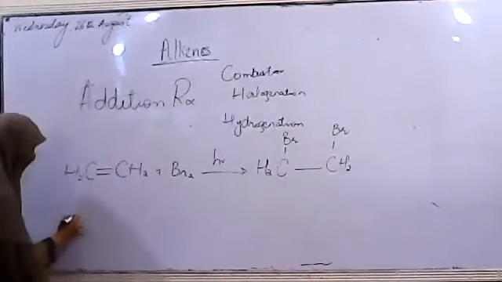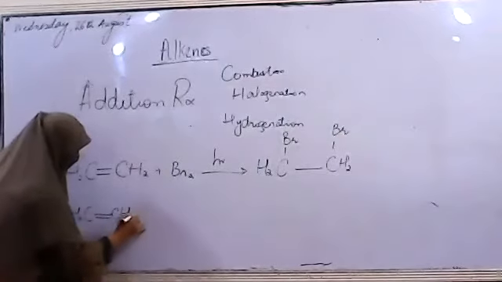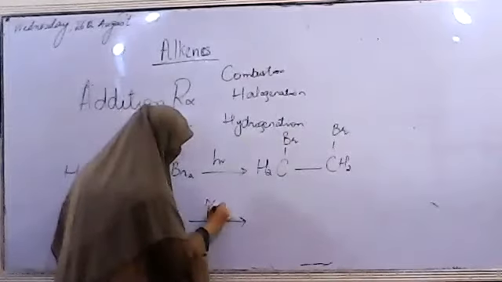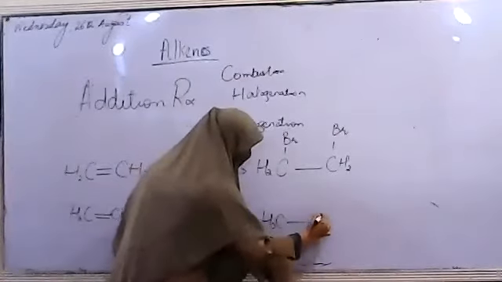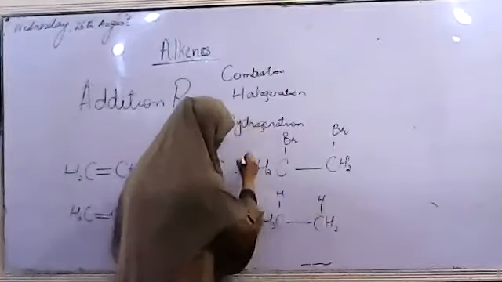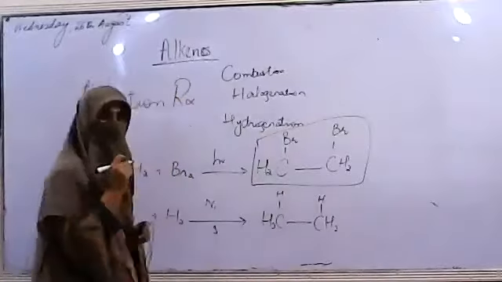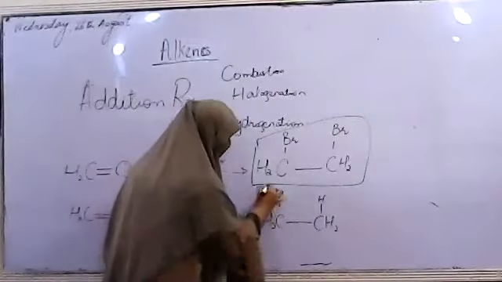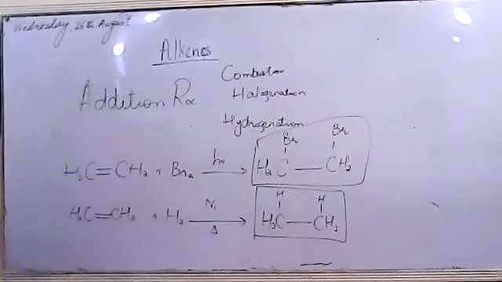Now moving towards the next, let's say CH2=CH2 plus H2 in the presence of nickel at higher temperatures, we will get CH3CH3. So this is the first compound formed as the final product of the reaction of halogenation, and this is the second compound formed by the reaction of hydrogenation.